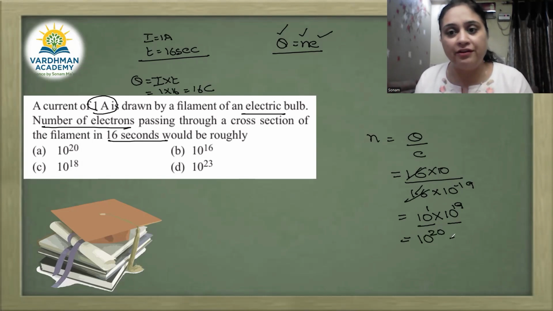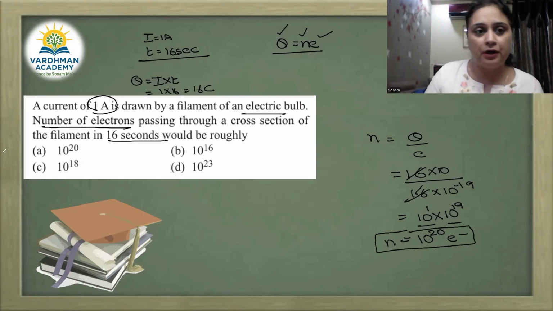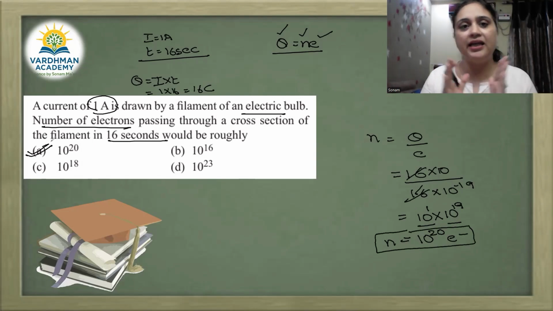So that will give you 10 raised to the power 20 electrons. Very simple.